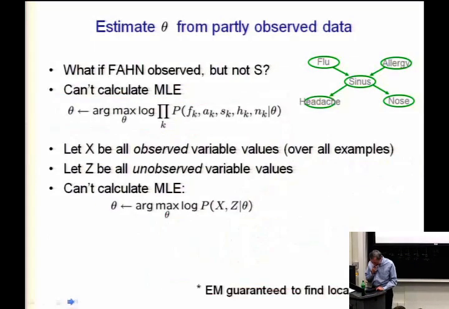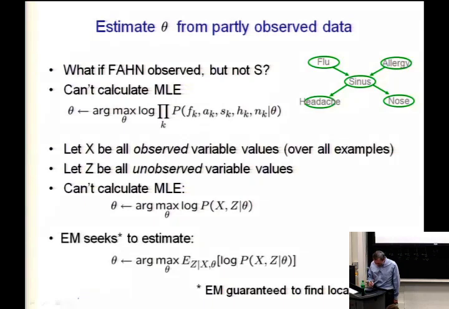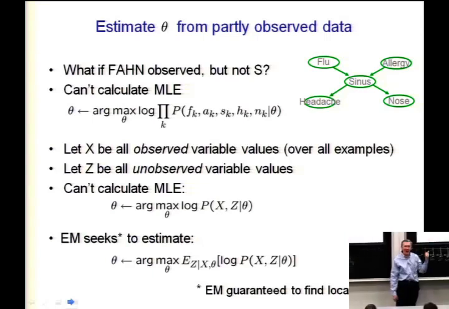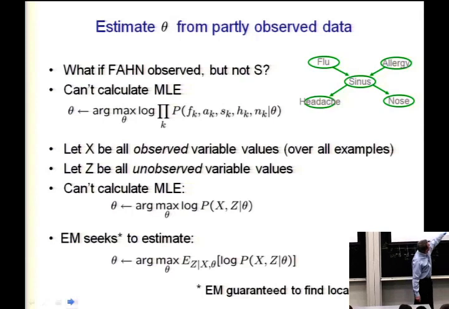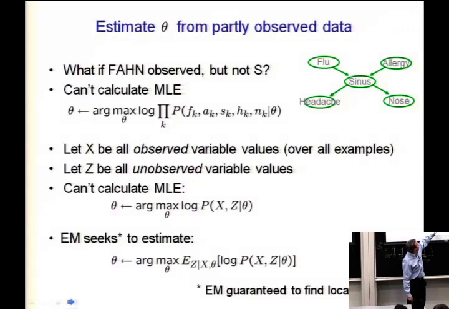All right, so let's look at this. I think we just did this, right? Okay, so we have an algorithm, we'll call it EM. EM stands for expectation maximization because we're maximizing the expected value of this joint likelihood, the full likelihood, taken over the distribution on the unobserved variables conditioned on the observed variables.